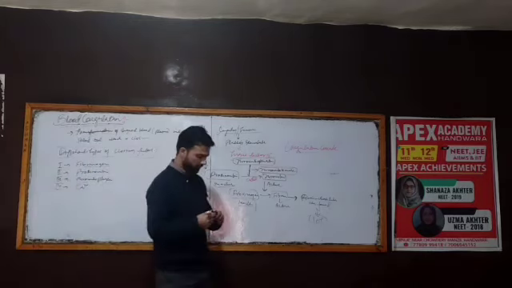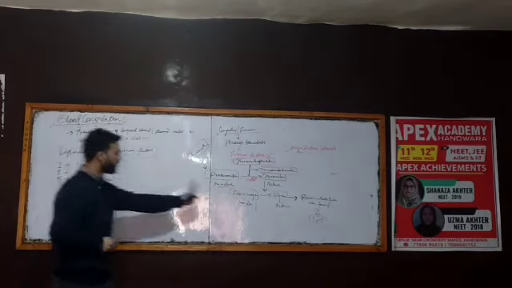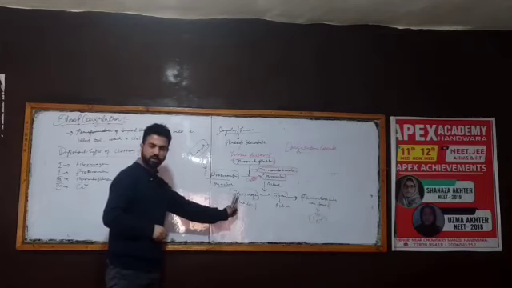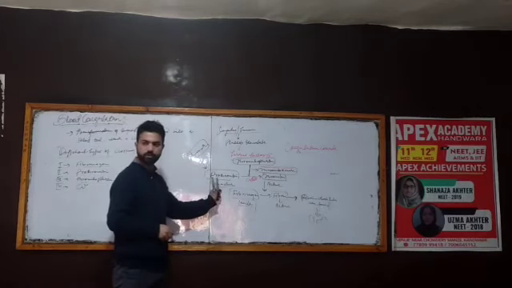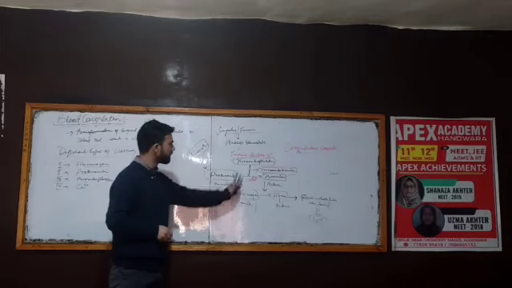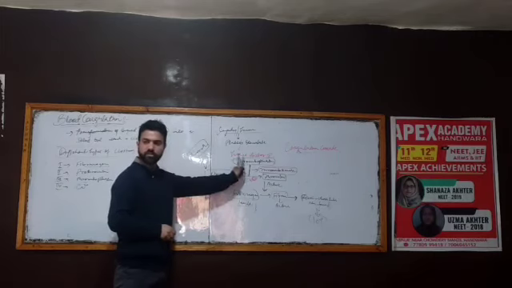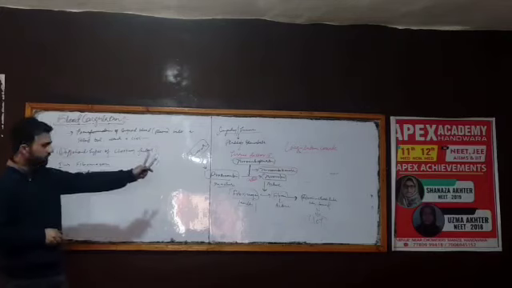If we see the fibrinogen, this is the clotting factor first. And this is prothrombin. And this is the thromboplastin, the tissue factor, which is clotting factor third.